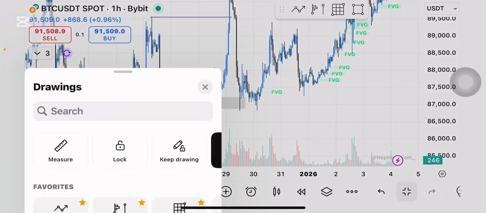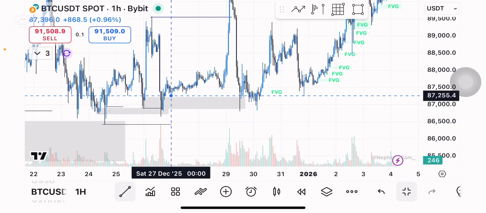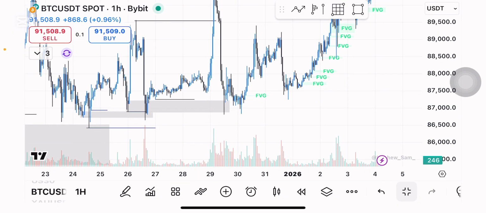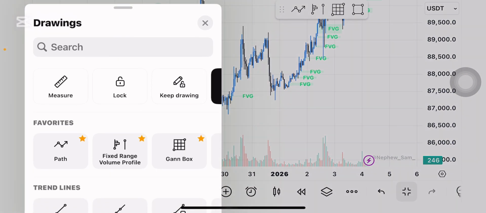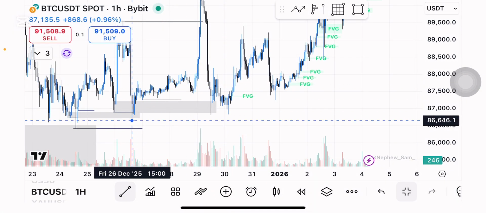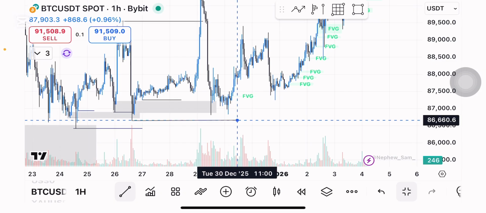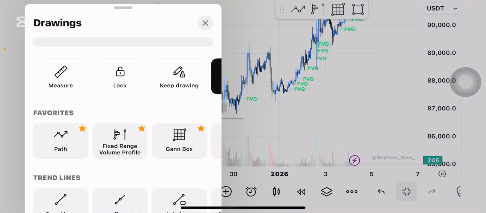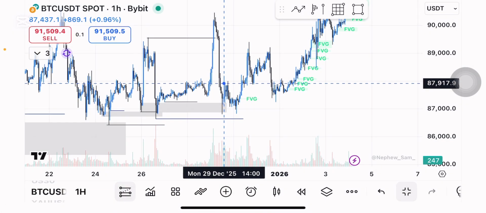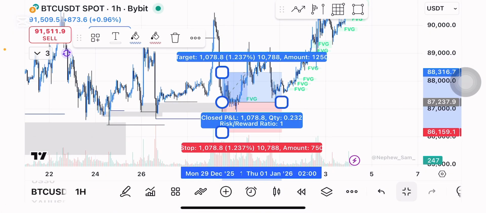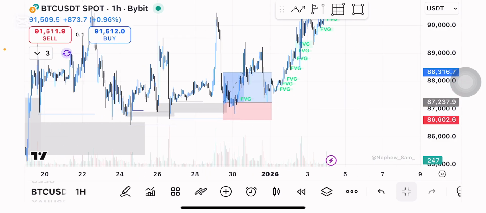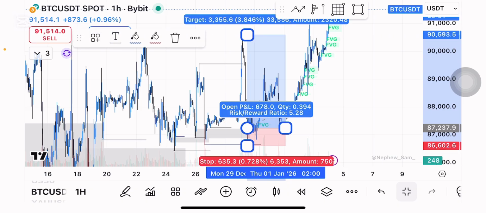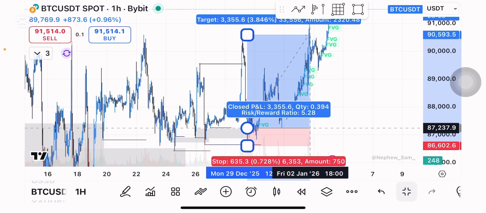Then this is your liquidity, then your stop loss below this level, then place your long here. One thing I observed about BTC is that BTC uses reclaim block a lot.